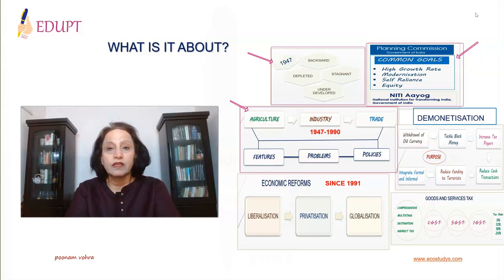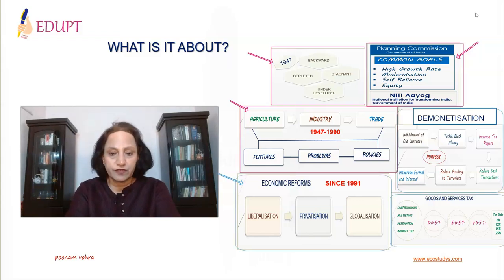Then the economic reforms were initiated in the year 1991, which intends the policy shift of the government from state domination to a declining role of the state and an expanding role of the private sector in the economy. These reforms were rooted in the fields of industry, trade, investment, and later the agricultural sector.